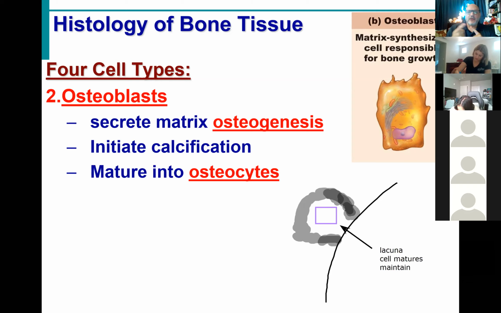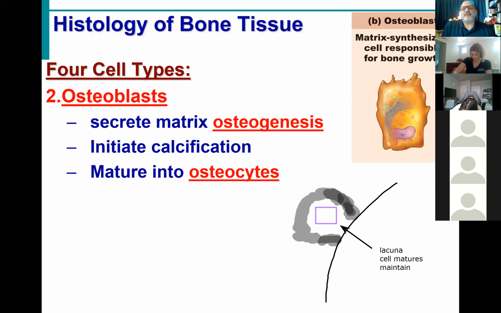Notice one more thing. Remember I said there are 4 different cells that make up our bone tissue. But if you think about it, the first 3 are just the exact same cell at different stages of its life. First as a stem cell, then an immature cell, and then a mature cell.